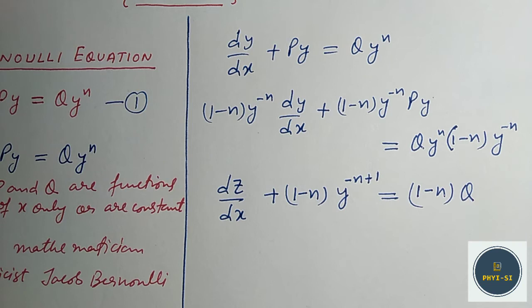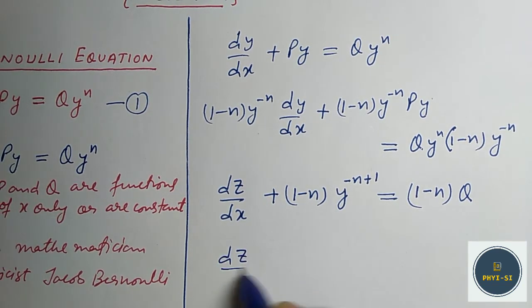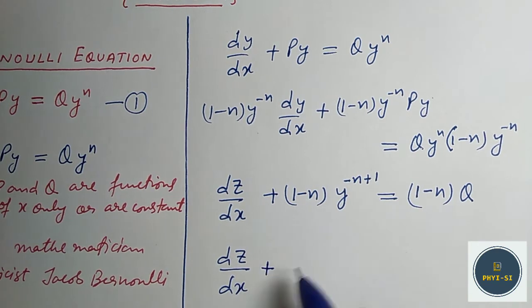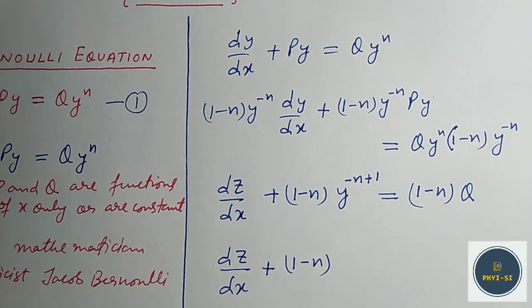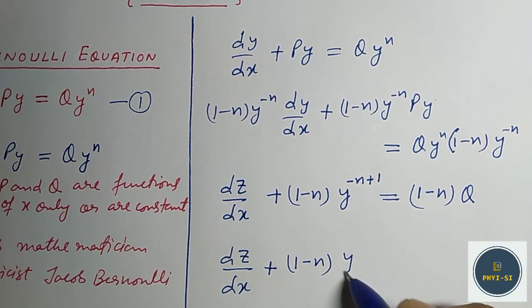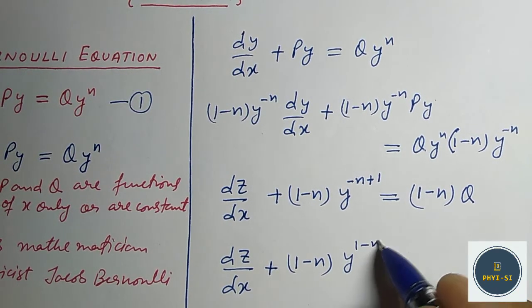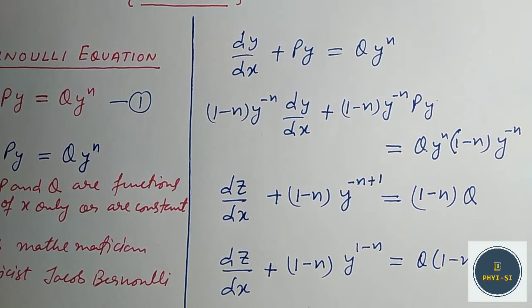Now I can simplify this equation like this: 1 minus n, and then y raised to power 1 minus n is equal to q into 1 minus n.